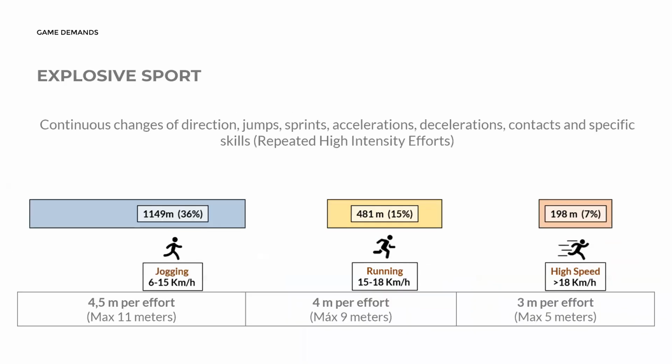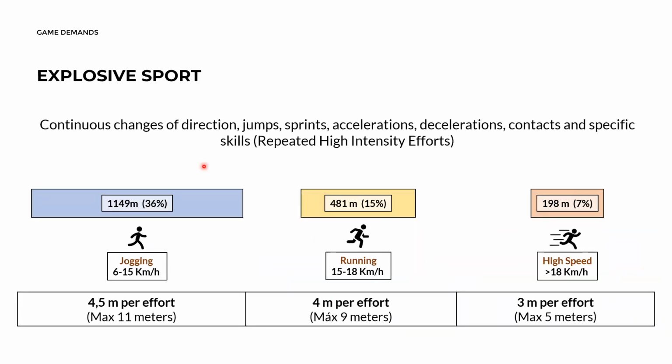So for this reason, we know that basketball is an explosive sport where there are continuous changes of direction, jumps, sprints, acceleration, deceleration, contact, and specific sport skills. For example, we can see that over 18 kilometers per hour, players cover 5 meters maximum per effort.